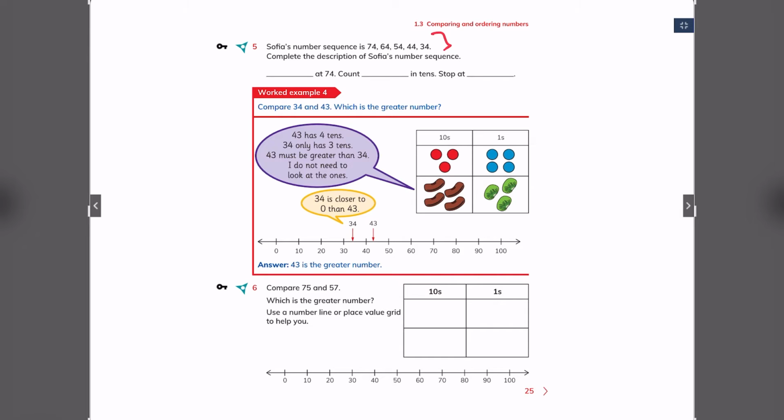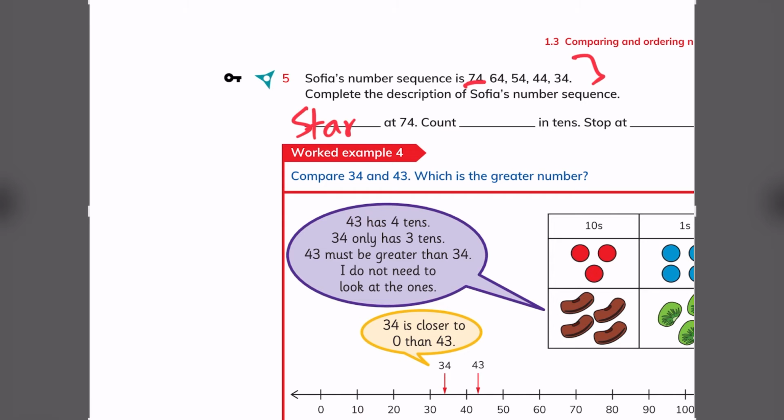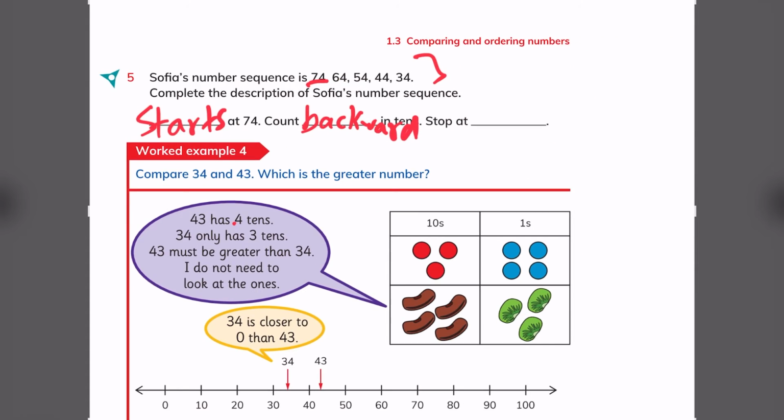So Sophia starts at 74, counts backward in tens, and stops at 34.